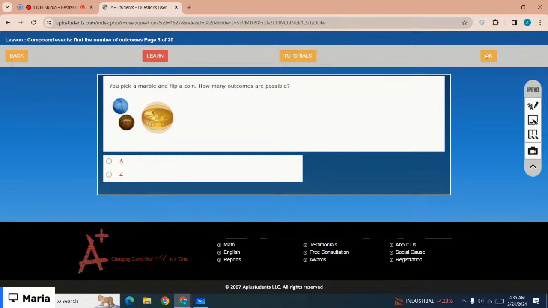The next one is you pick a marble and flip a coin. How many outcomes are possible? So which is the correct option? The correct option is 4. The total outcomes are 4.